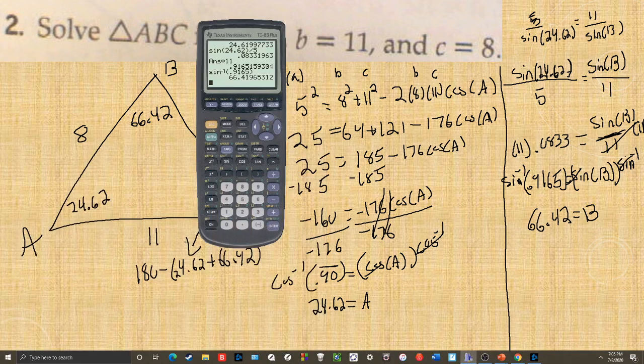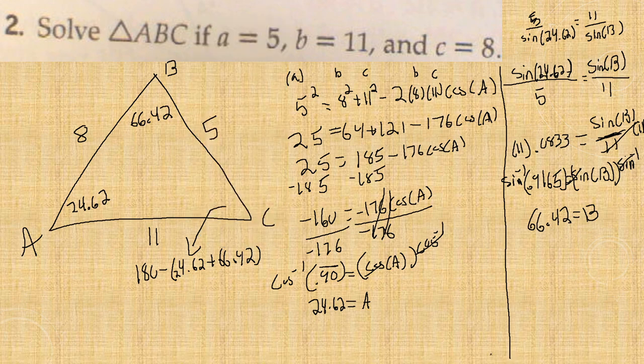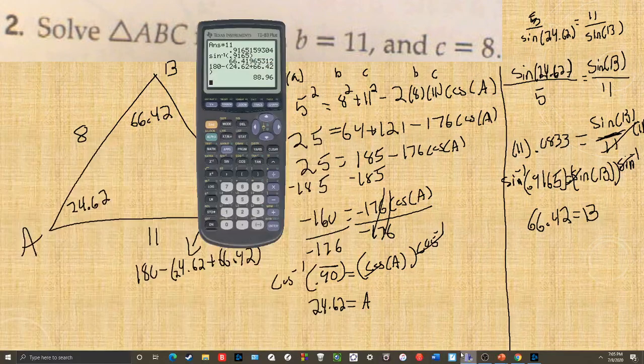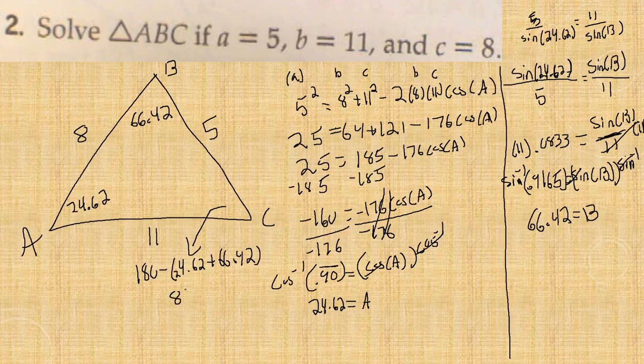So I'm going to do 180 minus this sum, 24.62 plus 66.42. And we get, not 0.896, but rather 88.96. 88.96, and that's your answer. So those are my 3 missing angles.